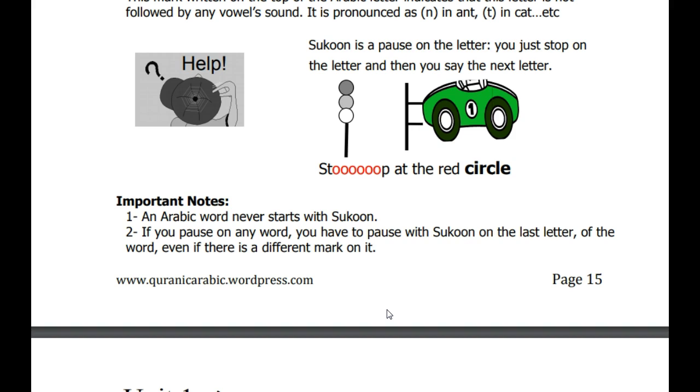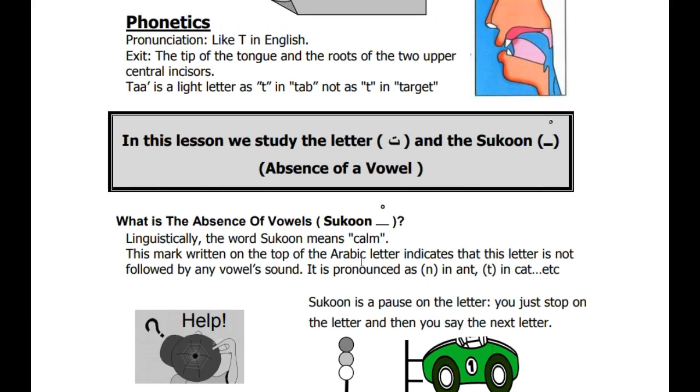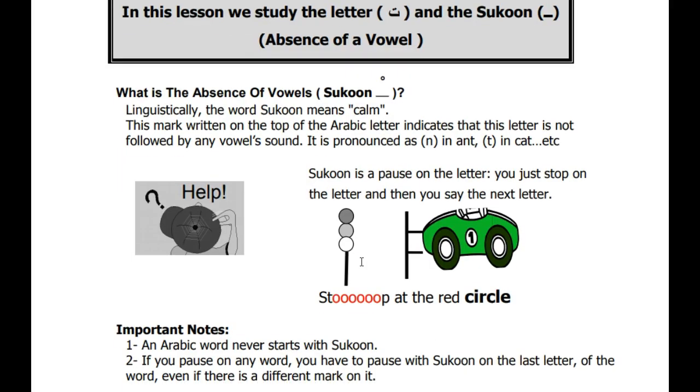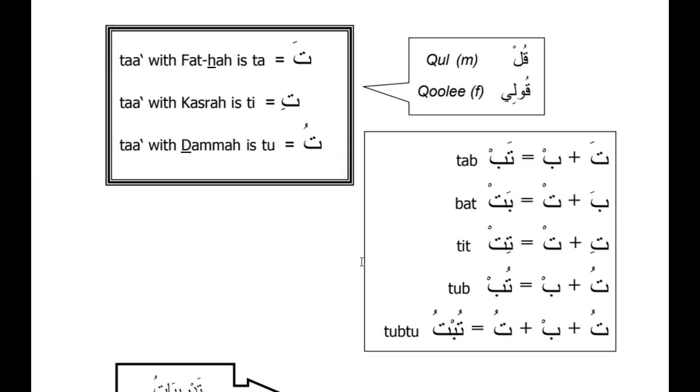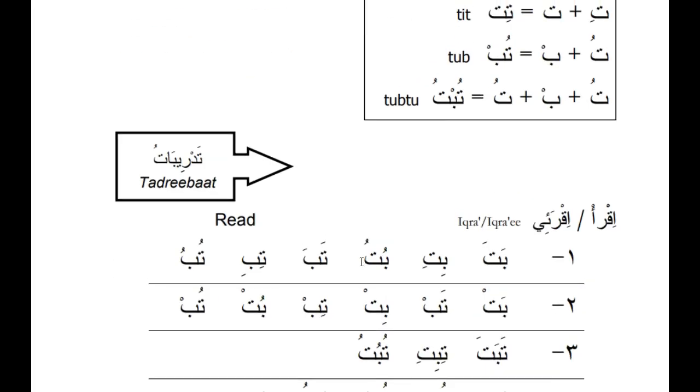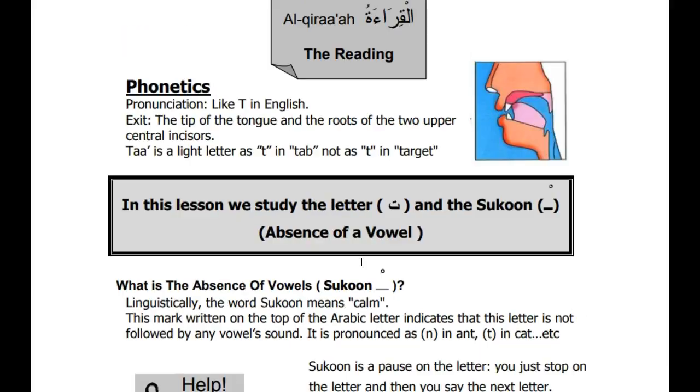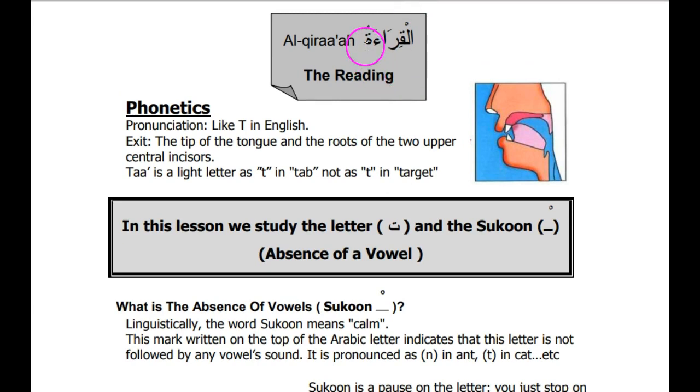This book, mashallah, says everything I have in mind, so I'll try to just follow the book. If you pause on any word, you have to pause with sukun on the last letter of the word, even if there is a different mark on it. I'm going to explain that. So basically, you have a word. Okay, al-qira'a.